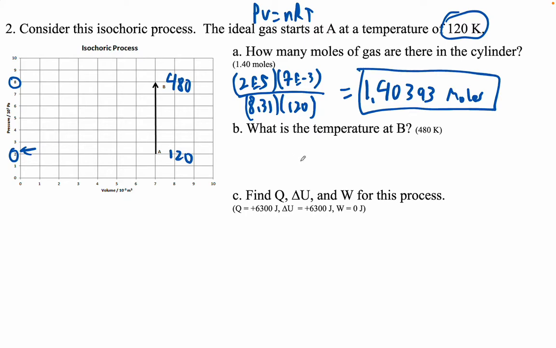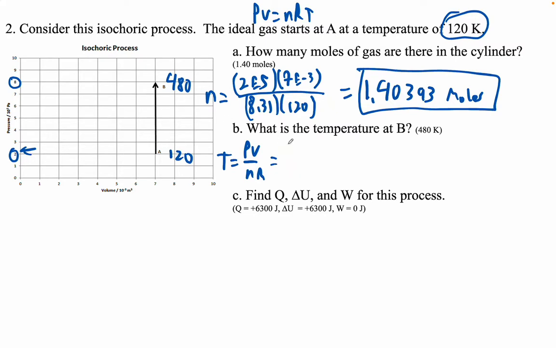This is good. So what's the temperature at B? Well, if it's 4 times the pressure, it's 4 times the temperature, right? As long as it's absolute temperature. But I know there's somebody that doesn't believe me. So T is going to be PV over NR, right? So temperature, let's see, what's our pressure there?